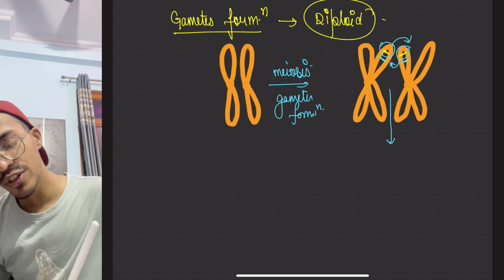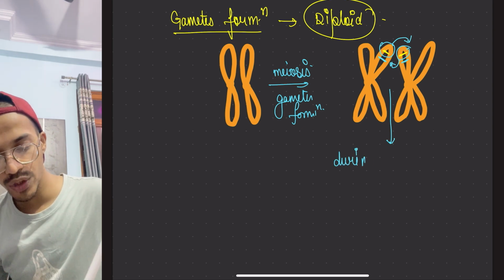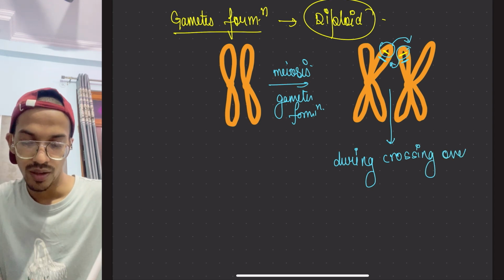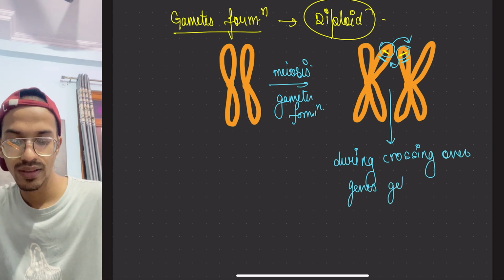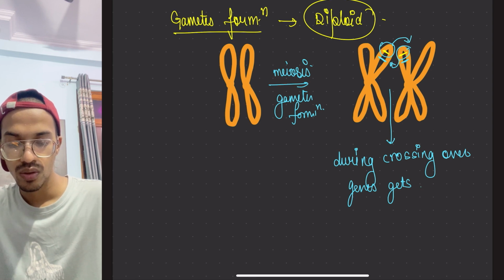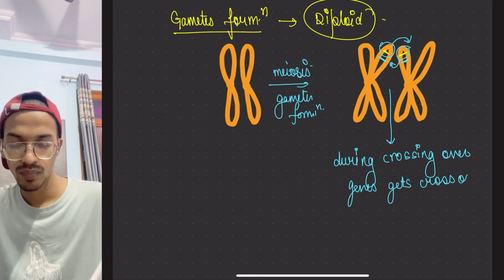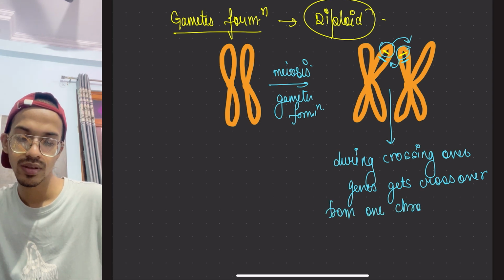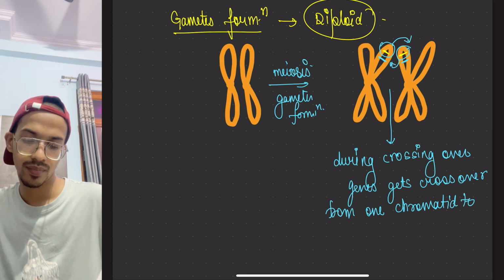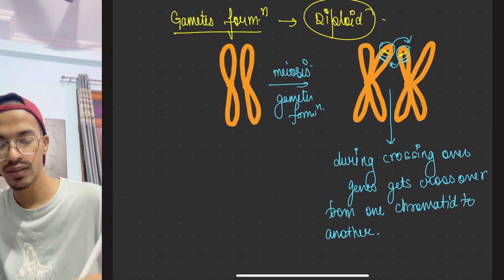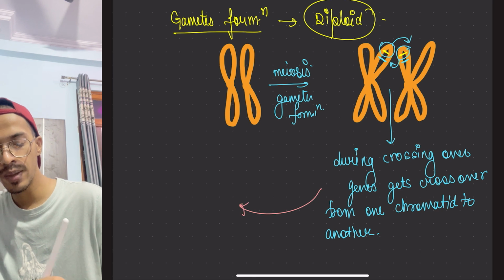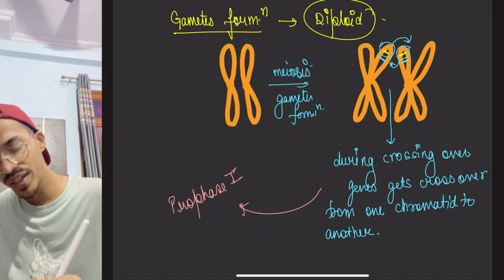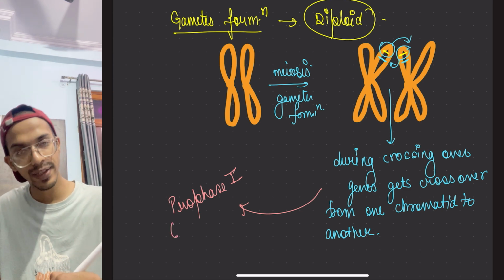So what I said is that during crossing over, genes get crossed over from one chromatid to another. This crossing over occurs during prophase 1. Prophase has five different stages. Which stage of prophase 1 has crossing over occurring?